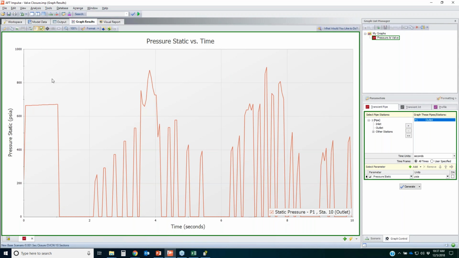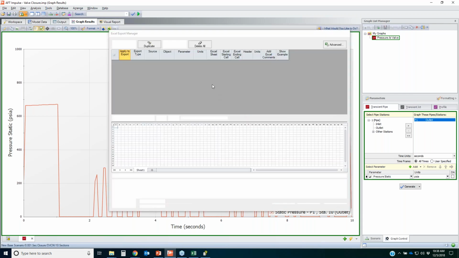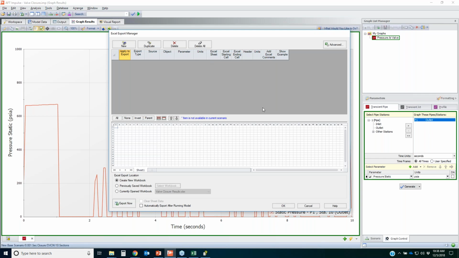The next maintenance release of AFT Impulse 7 will allow you to use the Excel Export Manager, a new feature where you can choose to automatically send results to an Excel spreadsheet. You can add a new row.